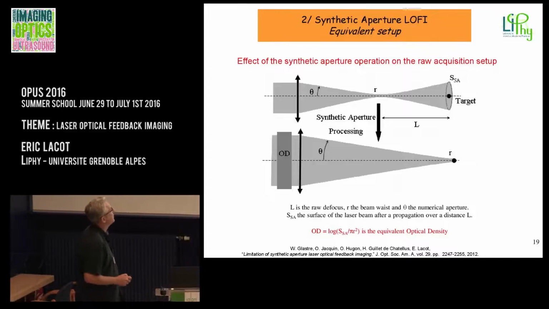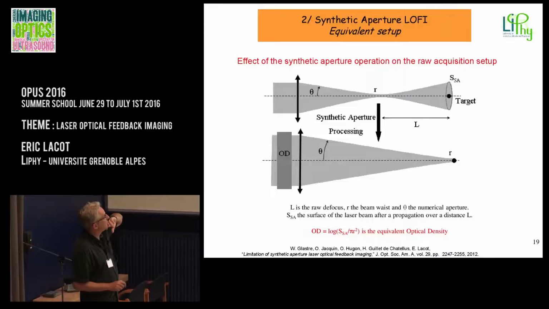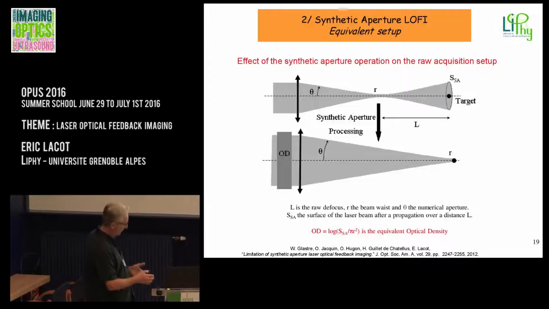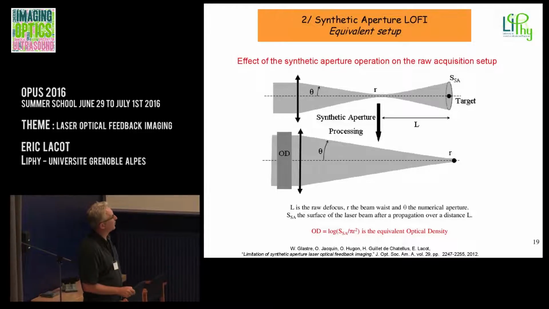So to summarize a little bit this part of my talk, the LOFI setup with a focal spot here, the target is illuminated with a defocused laser beam at the distance L, and after the synthetic aperture process, the equivalent setup is shown here. We have the same focal spot here at a longer distance with the same numerical aperture, and the drawback is characterized by the optical density which is here.